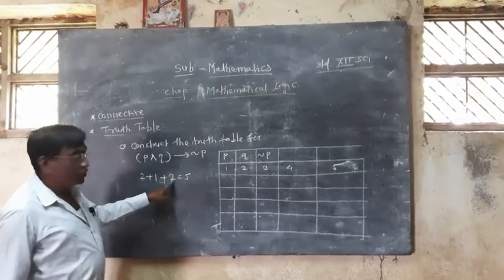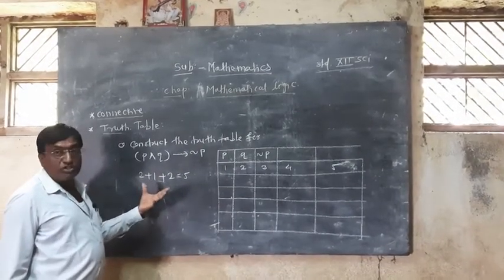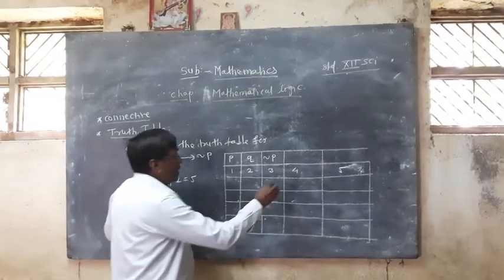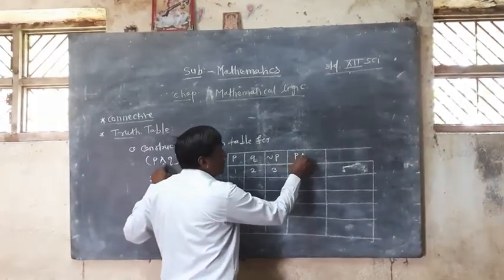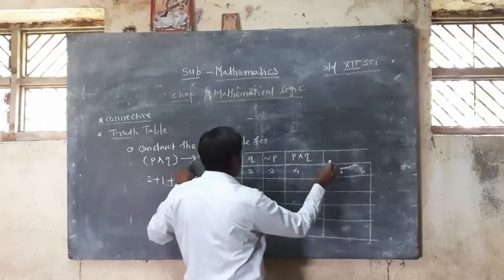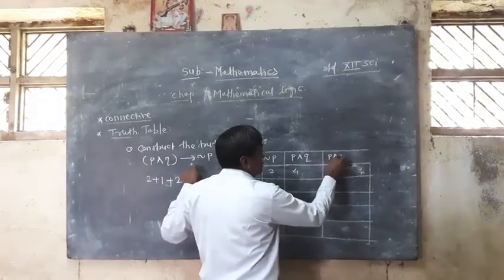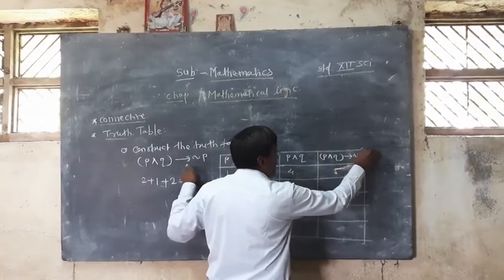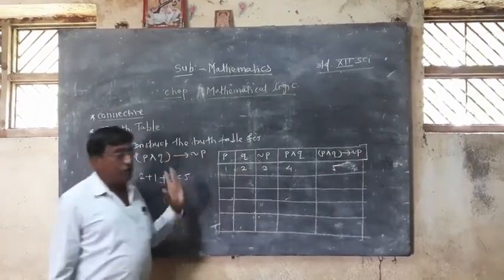Then the remaining two symbols: first we solve the conjunction, so the next column is P conjunction Q. The last column is for the implies, that is P conjunction Q implies negation P. So this is your required table.